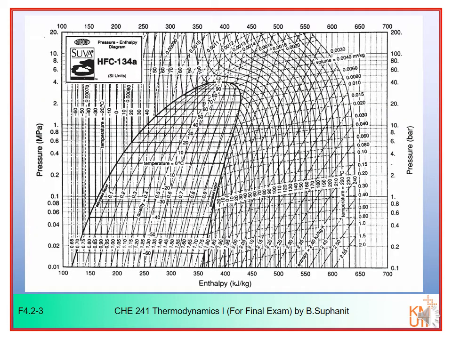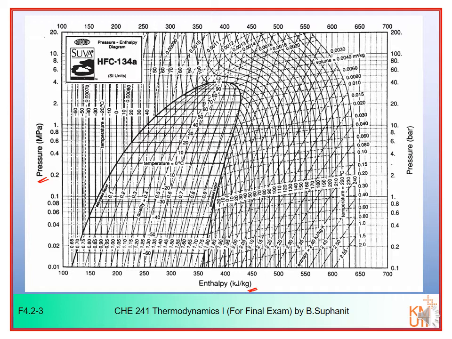Now, we can obtain the property data by using the refrigerant table, or we can also use a thermodynamics diagram, such as the pressure and enthalpy diagram. Okay. Now you can locate the cycle on this pH diagram as well.